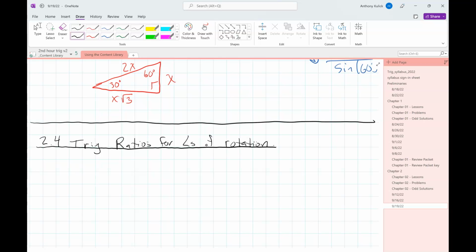And this new method of drawing an angle allowed us to draw angles of any size between negative infinity all the way to positive infinity, which created a whole new world outside of geometry, right? Where we're stuck with angles between 0 and 180. We can now draw an angle of any size, no matter what. Does everybody remember kind of how to do that?